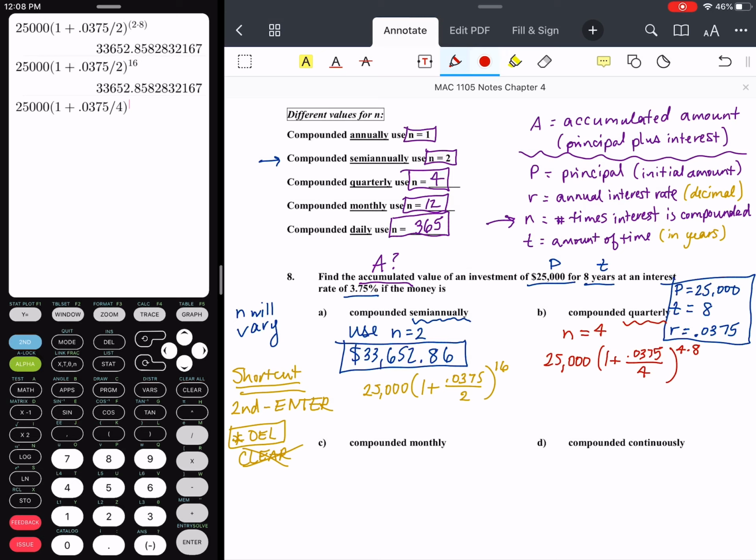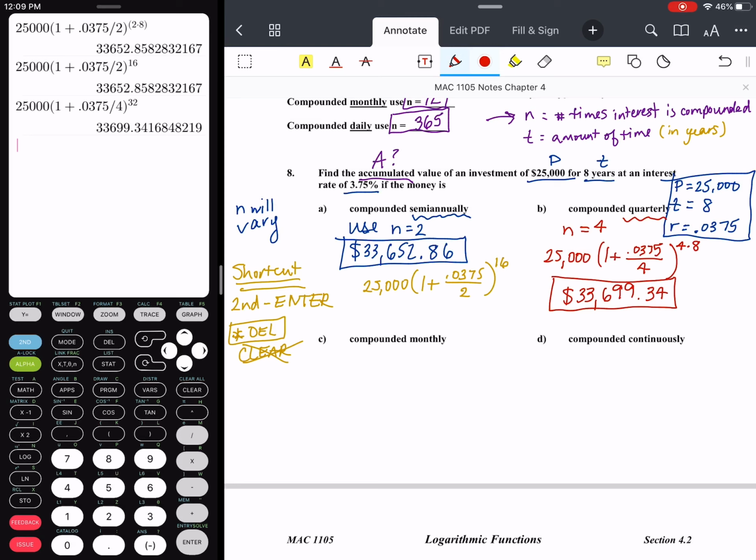You might be able to just type directly over it. So I have 0.0375 divided by 4. Now I want my exponent to be 4 times 8, or equivalently 32. So I'll go ahead and type the 32 there, hit enter. And this gives me my dollar amount of $33,699.34, rounded to 2 decimal places.